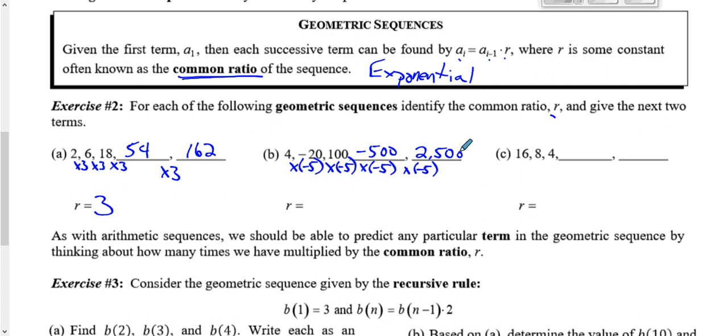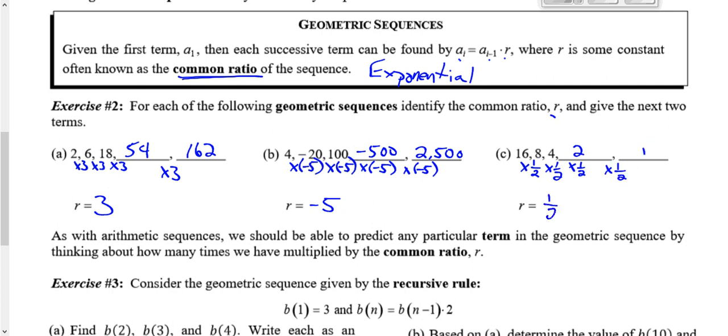So what's our common multiple r? Negative 5. This one would be divided by 2. Well, let's not do this, let's keep it as multiplying. Half. So times 1/2, times 1/2 gives us 2. 2 times 1/2 is 1.